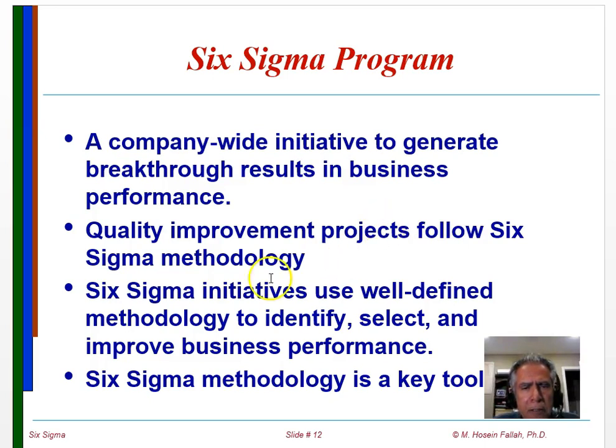Now, in that context, the quality improvement projects normally follow Six Sigma methodology, and every project is qualified and follows the various steps of the methodology, and I will be talking about it. Six Sigma methodology then becomes the key element or key tool under the umbrella of TQM.